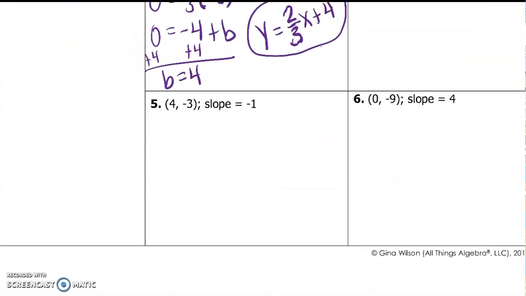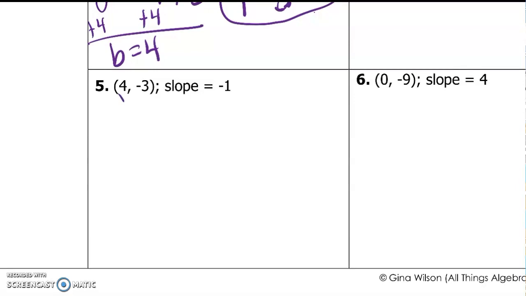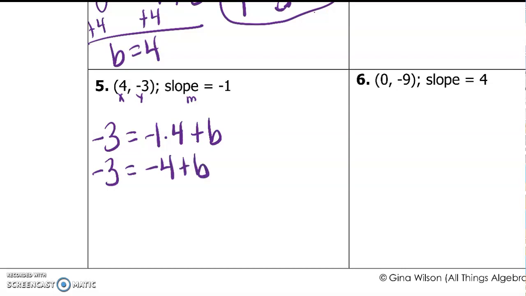All right, number 5. Again, this is our x, this is our y, and this is our m. So -3 equals -1 times 4 plus b. So -3 equals -4 plus b. Add 4 to both sides. b equals 1.